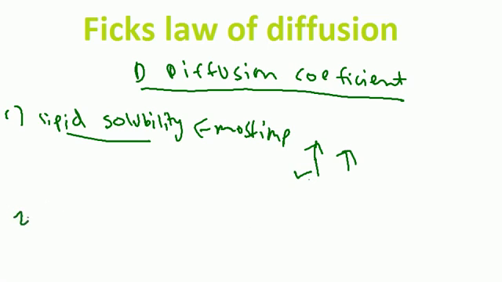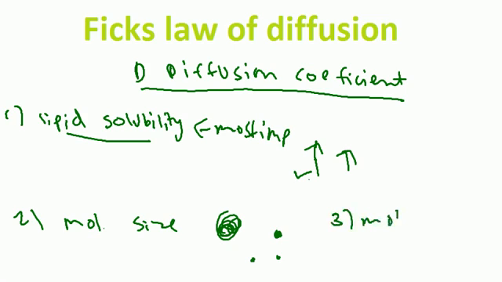Then the second factor is molecular size. The molecular weight of the substance is the least important factor. So the most important is lipid solubility, and the least important is molecular weight.